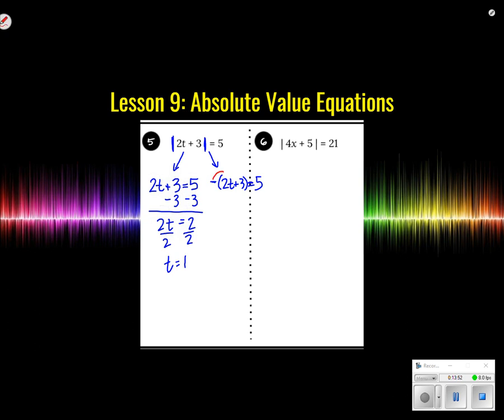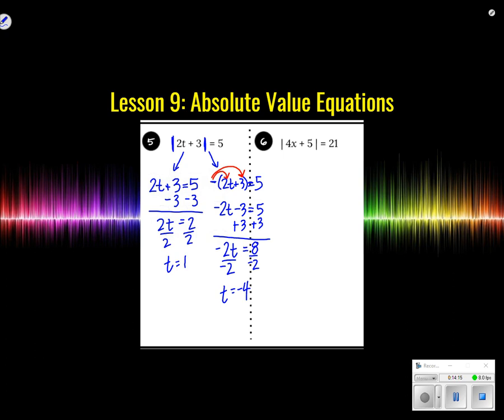Let's distribute this negative. So that means we've got negative 2t minus 3 equals 5. We're going to add 3 to both sides. Getting over in the other section of work, but that's okay. And then I'm going to divide by negative 2, and guess what? It's not negative 1, it's negative 4.